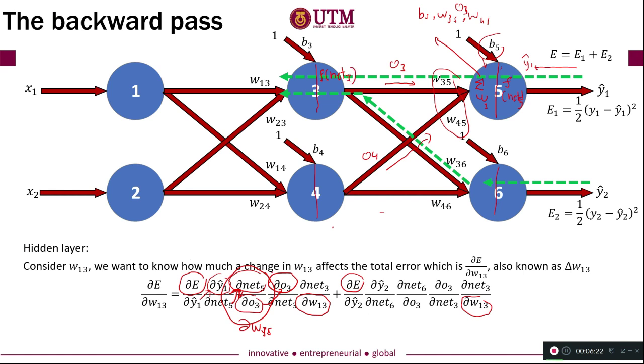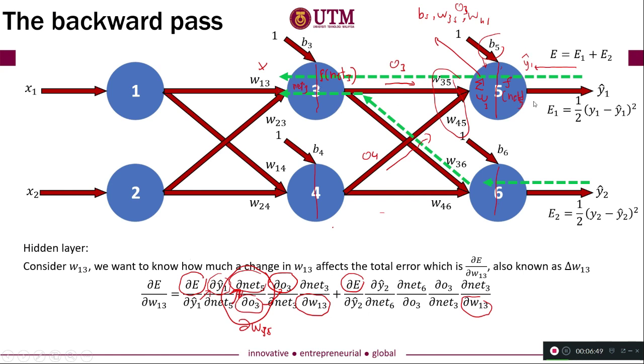So you can derive del O3 over del net 3, and del net 3, which is here, and then you can close the chain rule here by deriving del net 3 over del W13. So that's how you can extend that.